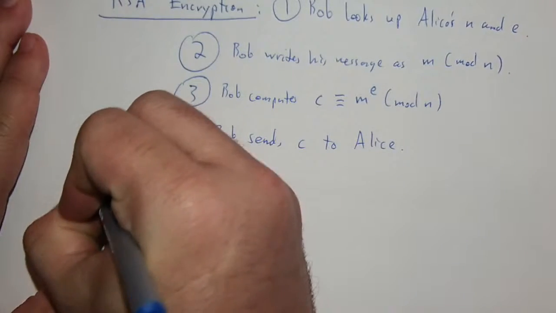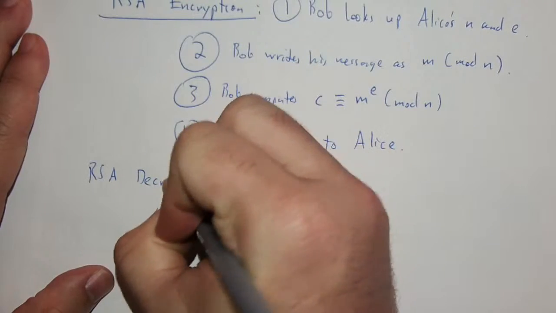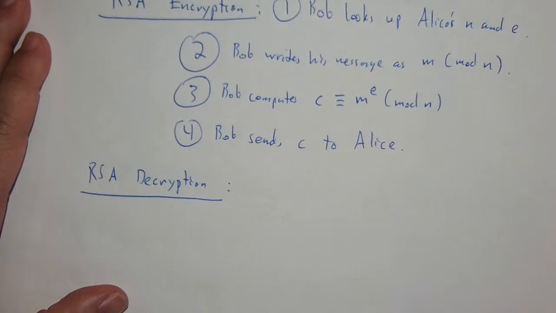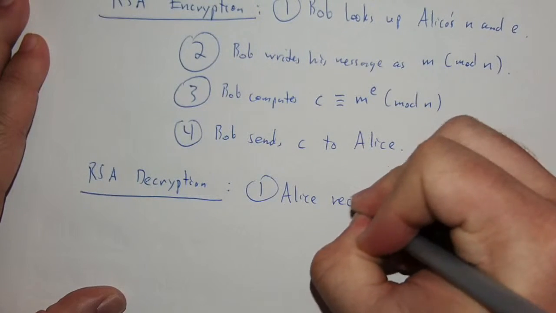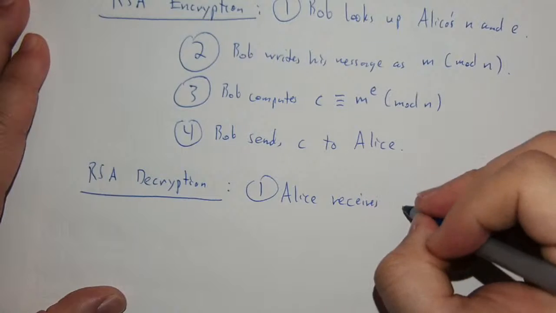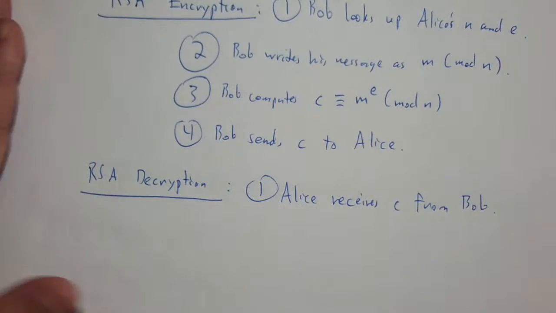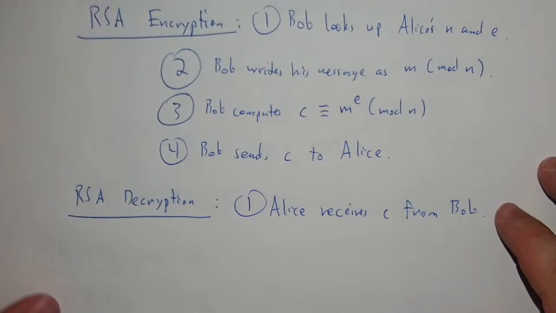Okay, and she does that via the following decryption method. So Alice receives C from Bob. Okay.